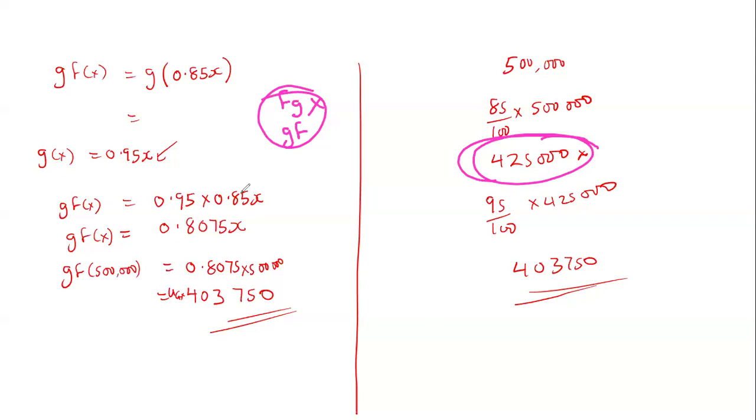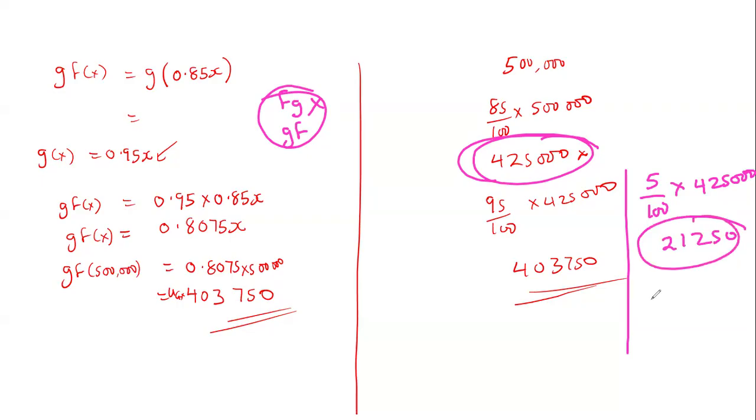Now, what the person is asking is, what if I subtract the 5% from 80? What you want to do is come and say 5% of the 425,000. Then you find out how much the 5% contributes. So you get that the 5% will be 21,250.